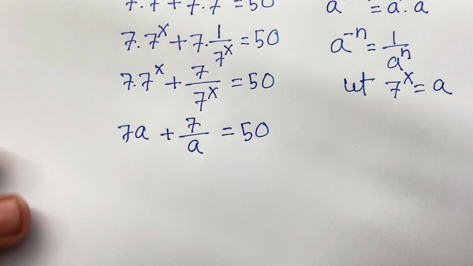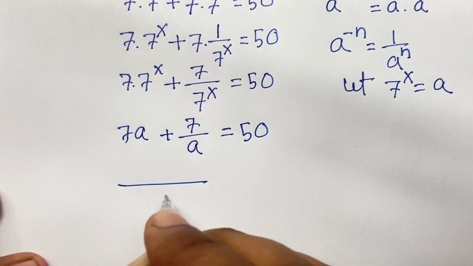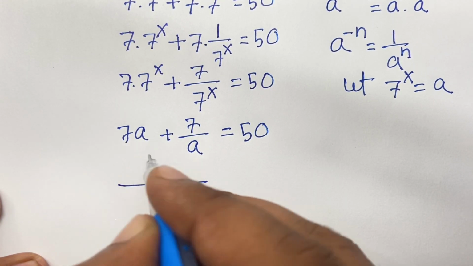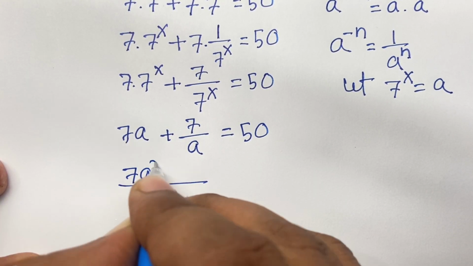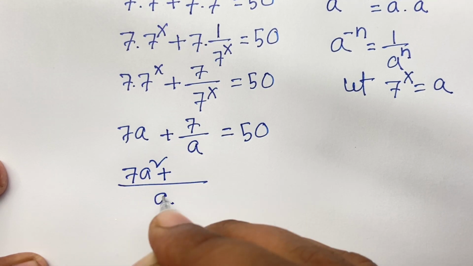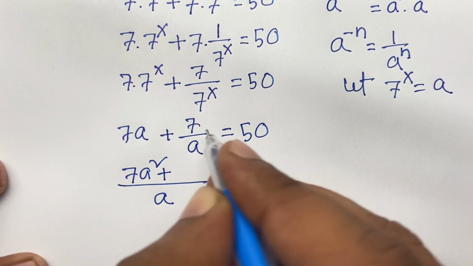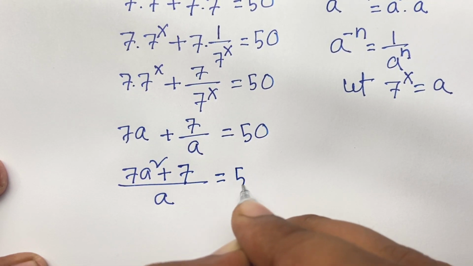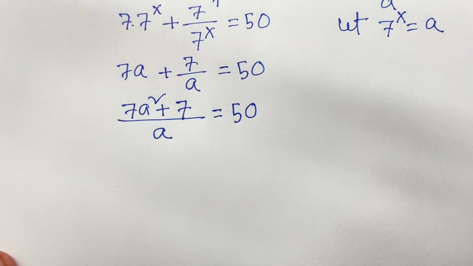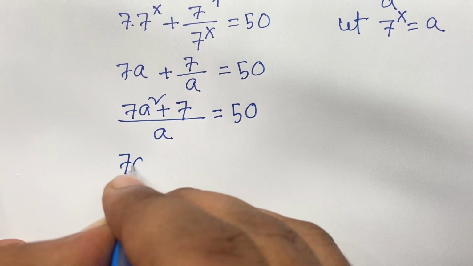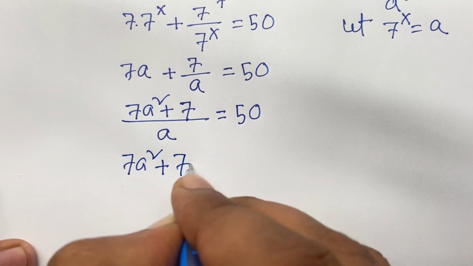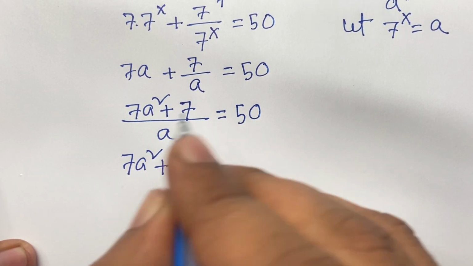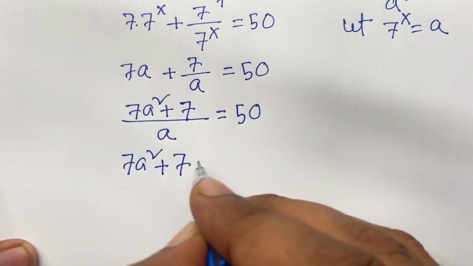Now multiply by a: a times 7a equals 7a squared, plus 7 equals 50 times a, which is 50a.